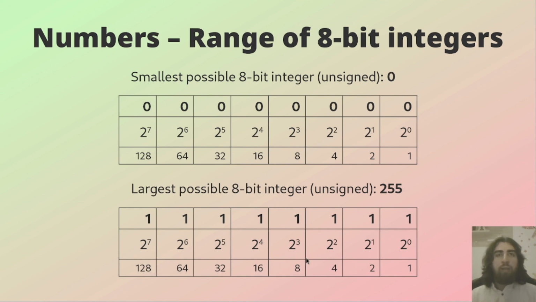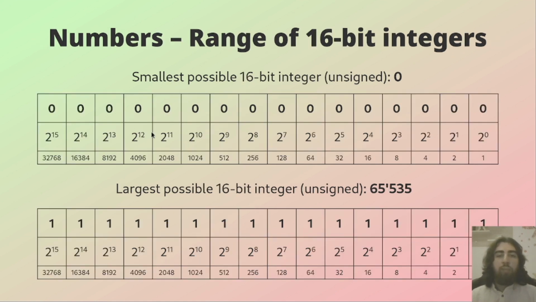And you might now think, okay, 255 isn't a lot. What if I want to represent bigger numbers? And there is a simple solution to that. We are just adding more bits over here, right? Because the more bits we have, the larger number we can represent. So let's see, for example, a 16-bit integer. Again, the smallest possible unsigned 16-bit integer would be 0, and this is if every position over here holds 0.